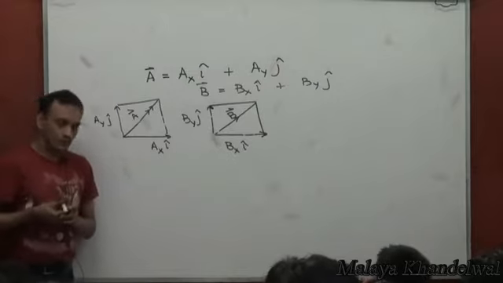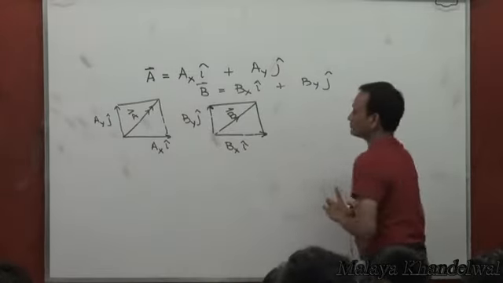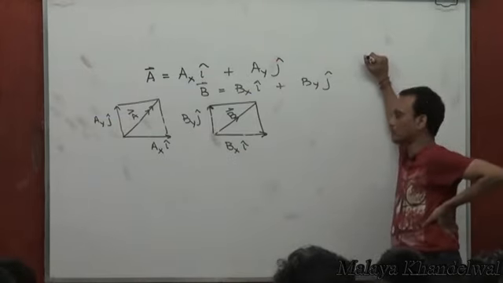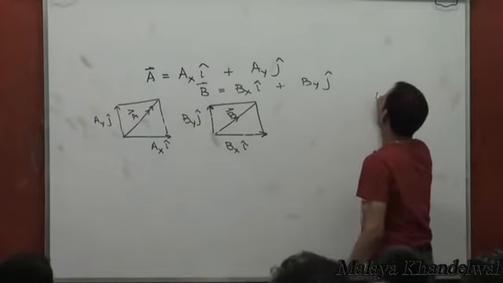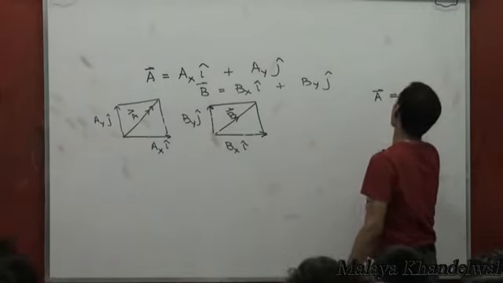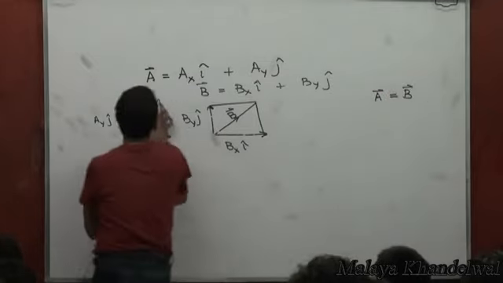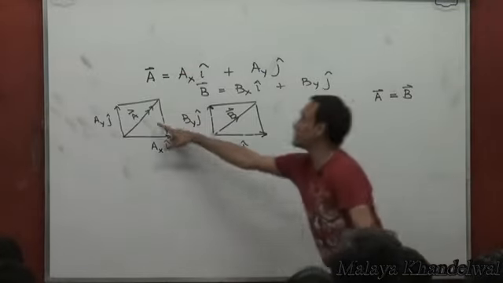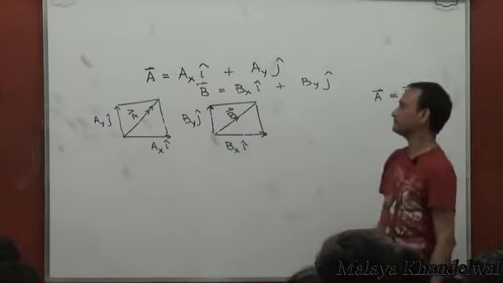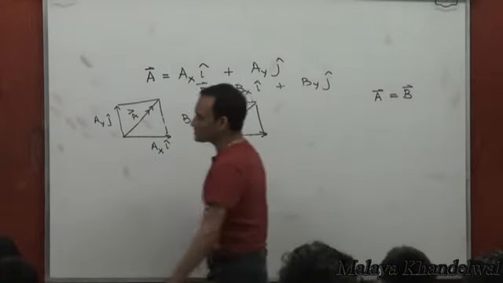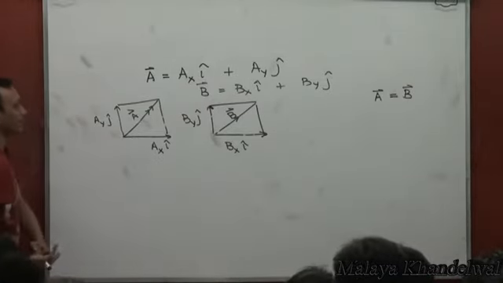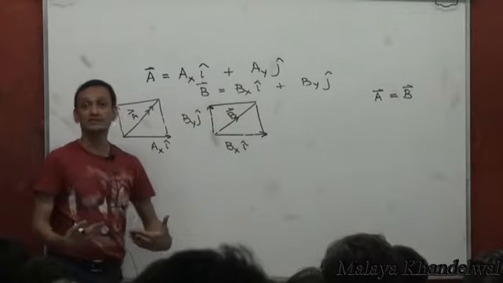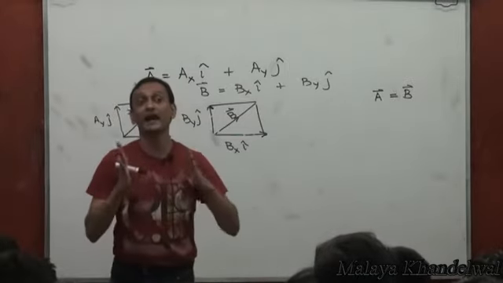Now, let's say somebody tells you that the vector A is the same as vector B. If somebody tells you that this vector is equal to this vector, what it then means geometrically is that these two vectors are the same in magnitude and they are parallel to each other.